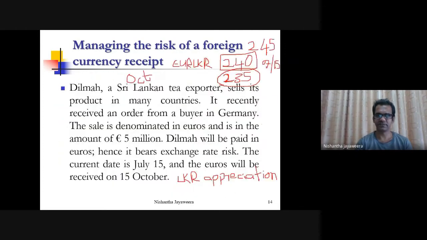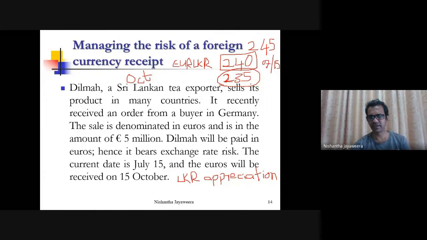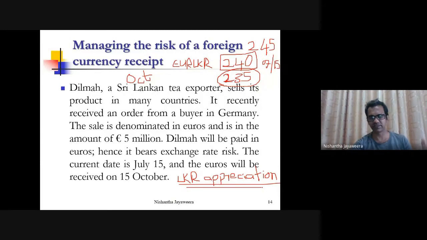Whenever this description is given, you should be able to analyze it and identify what is the exact risk, not just exchange rate risk. What is the exact exchange rate risk, whether currency appreciation or depreciation.